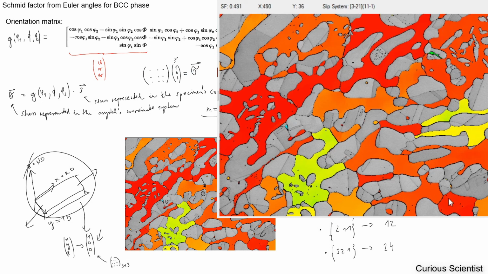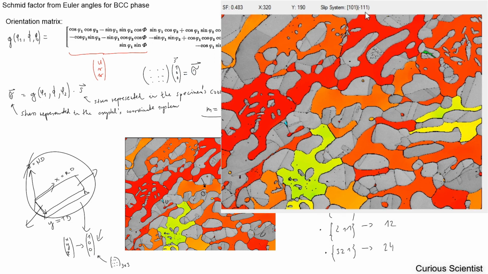But you can see that in general we have quite high Schmid factors, so everything is around 0.48, 0.49 something. Yeah, some of the grains are not that high. But basically that's all about this.